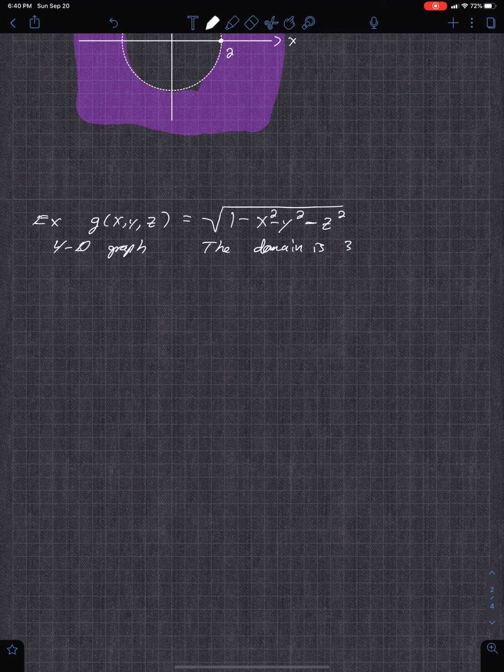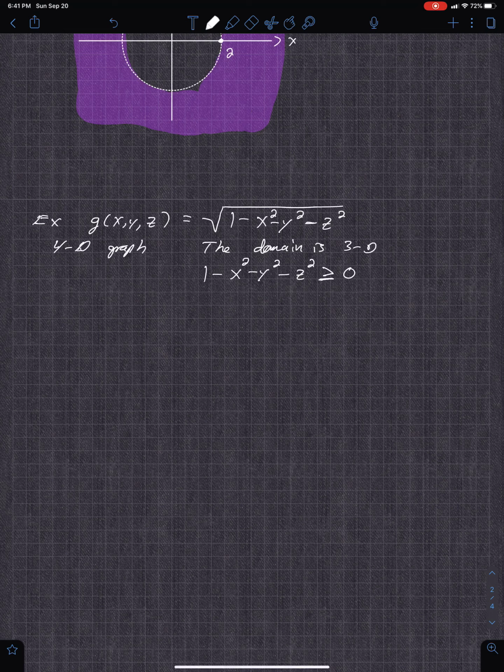So the domain is 3D. So we have 1 minus x squared minus y squared minus z squared. What has to be true about that to have real numbers? That must be greater than or equal to 0. It can be equal to because the square root of 0 is 0. That's okay.